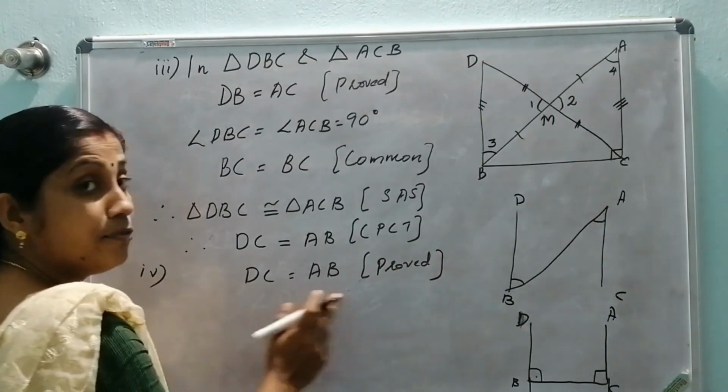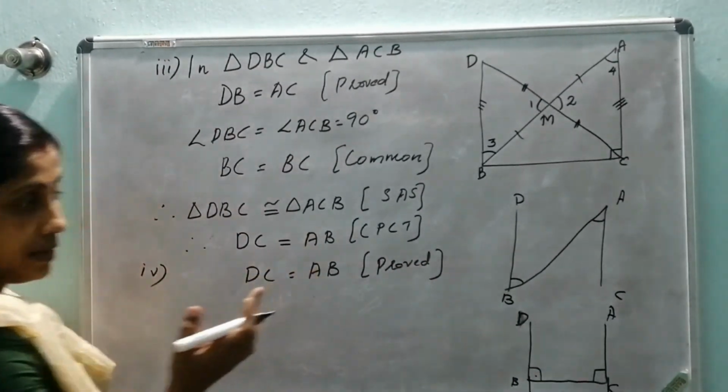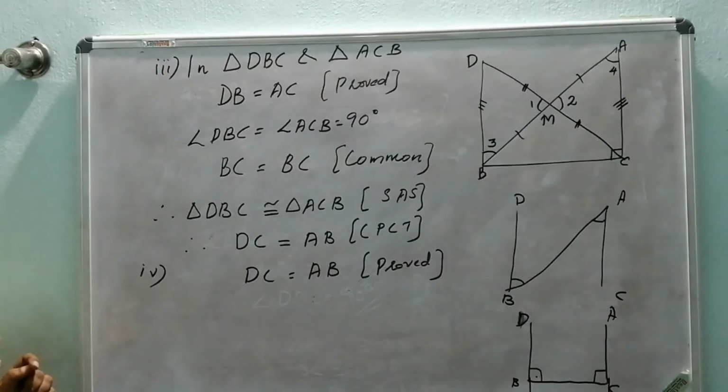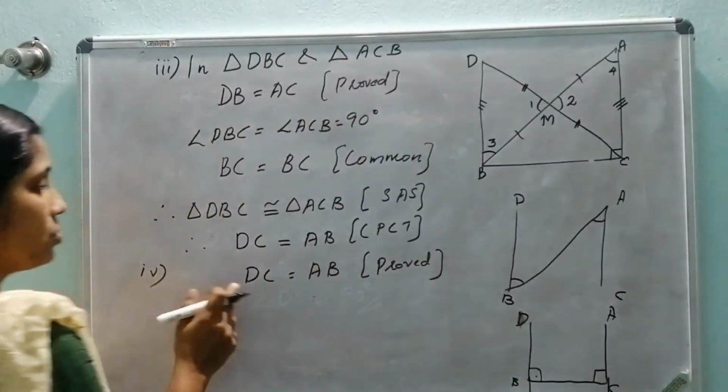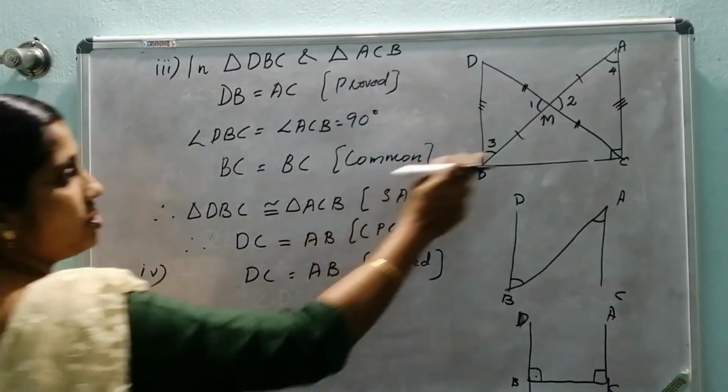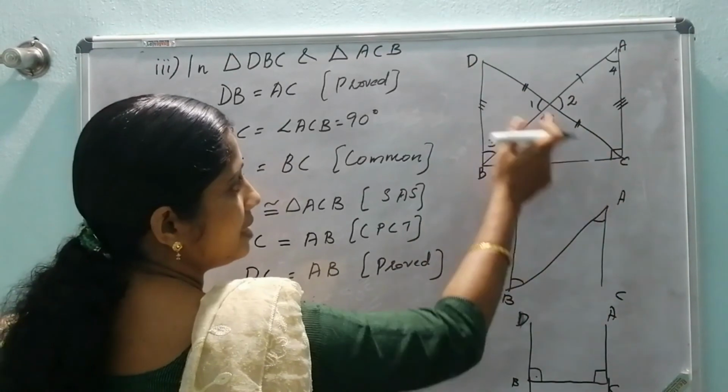Therefore, take half of DC. What is CM? We have to prove CM is equal to half of AB. CM means this side, AB means this long side. As we know, CM is half of CD, isn't it?